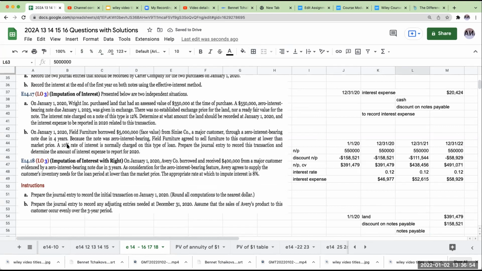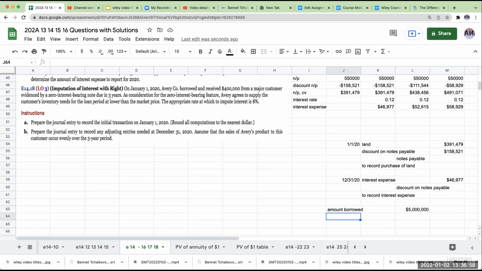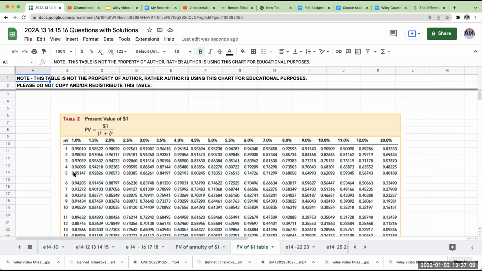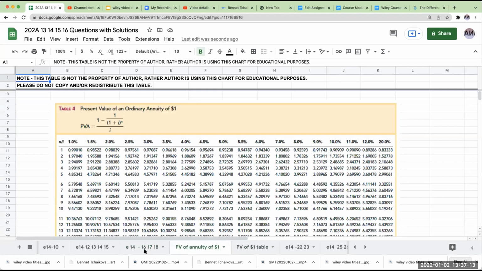This is going to be the present value of $1, 4 periods at 10%. This is 0.68301.